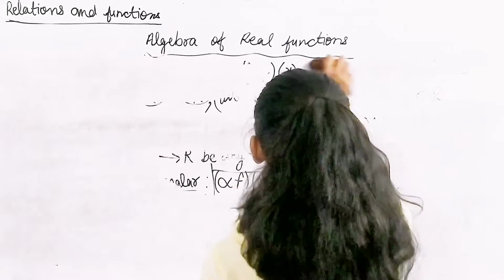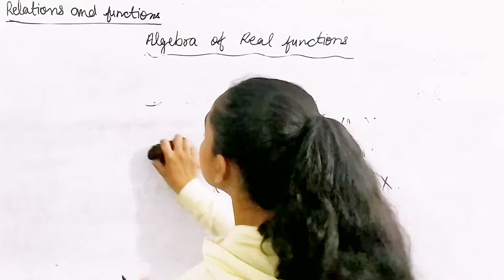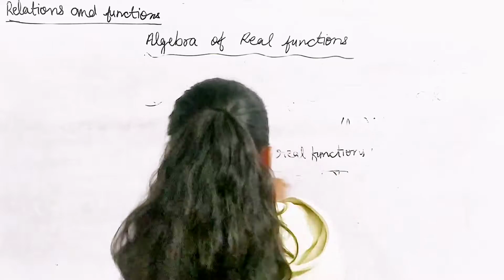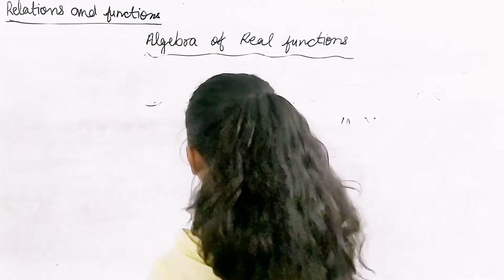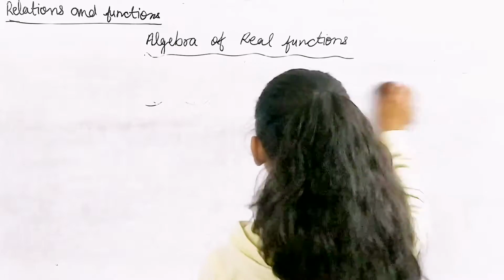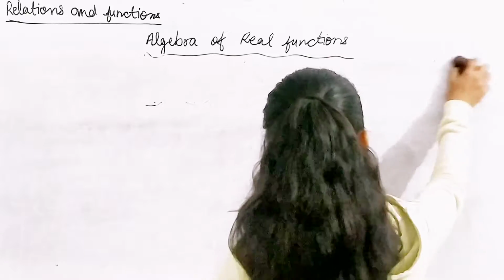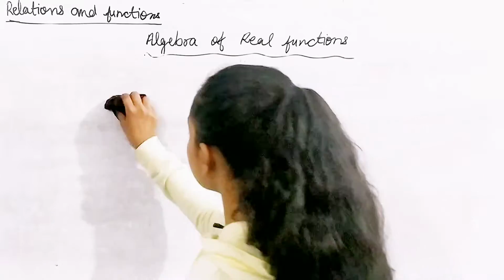Okay. So now we're going to discuss the quotient, which is related to the division of two real functions. We'll have the same functions f and g, and we're just going to look at them in the division form.